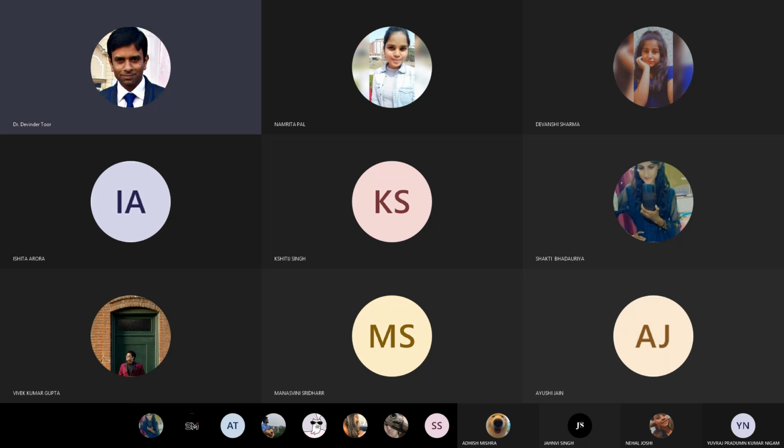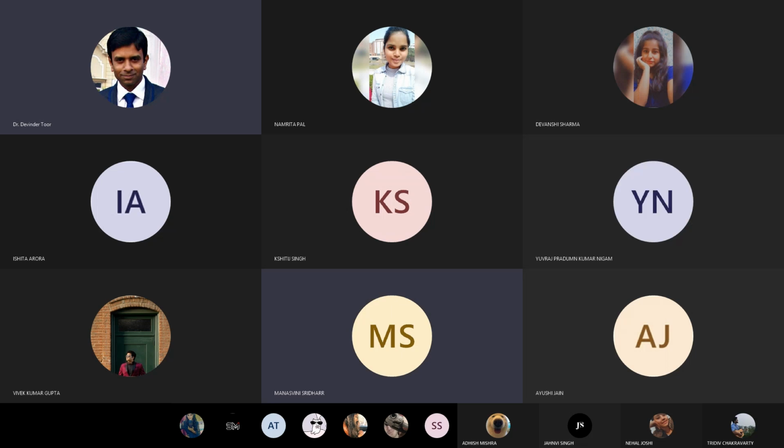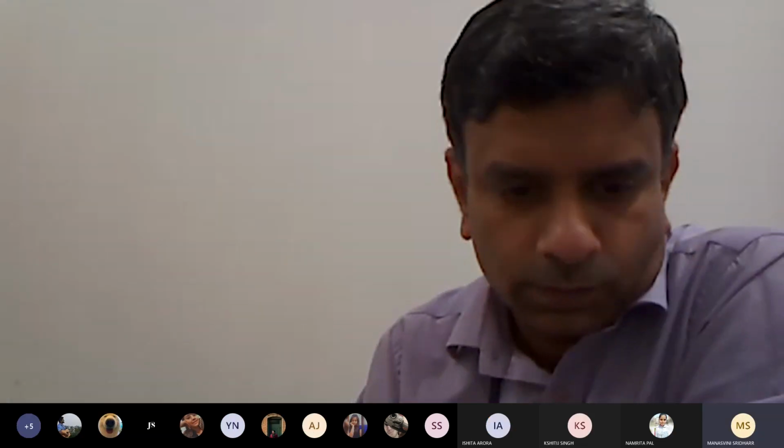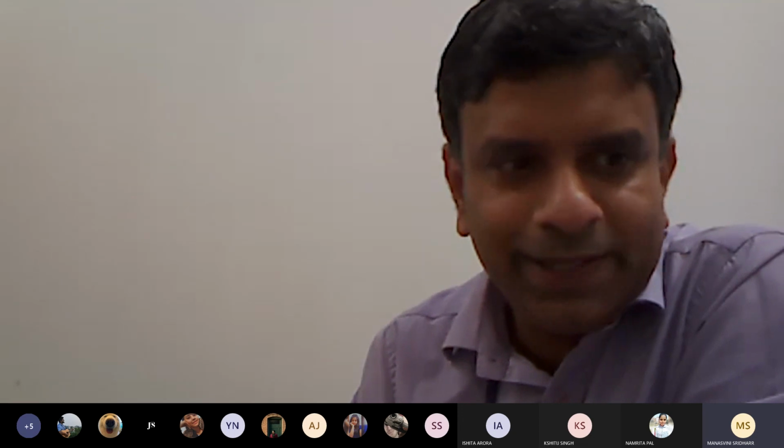Yes, Manaswini, go ahead. The most common way of naming them is the smaller fragment will be named A and the larger fragment will be termed B. So let's say the enzyme is C3, then C3a will be the smaller fragment and the larger fragment will be C3b. Okay, and any exception?